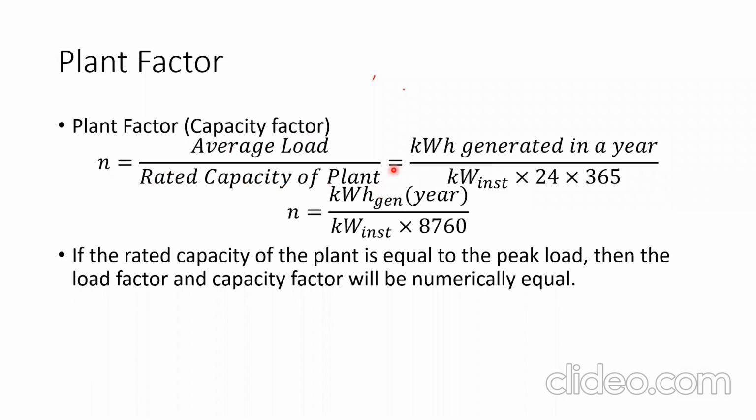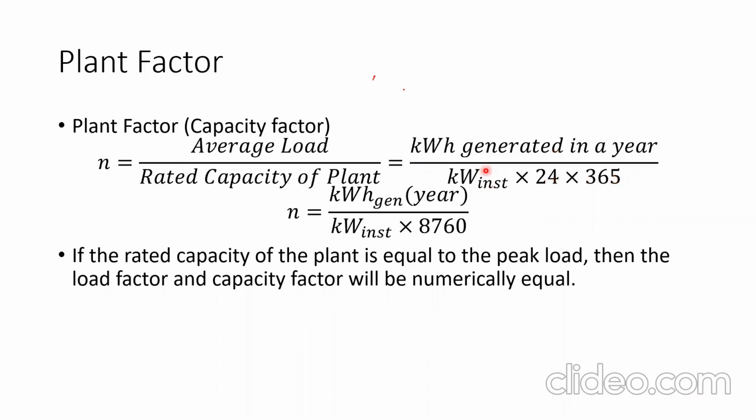Average load is expressed as the kWh generated in a year, which is the energy, divided by the kW installed, the capacity of the plant, into 24 into 365.